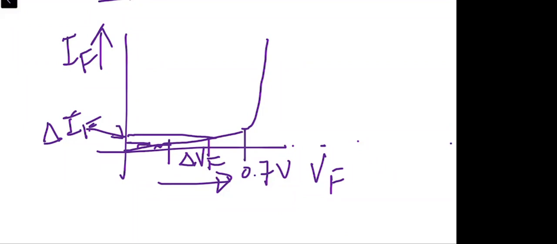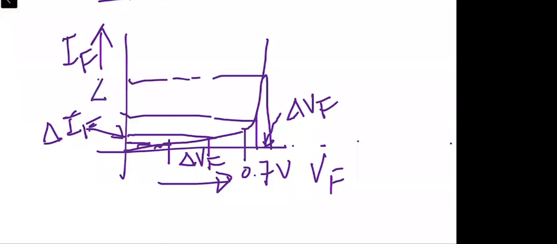Before 0.7 volts. And if we check the change in the voltage after 0.7 volts, this is the change in the voltage, and the change in the current is this, delta IF, right?